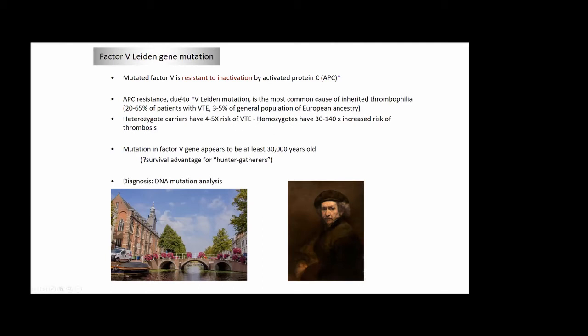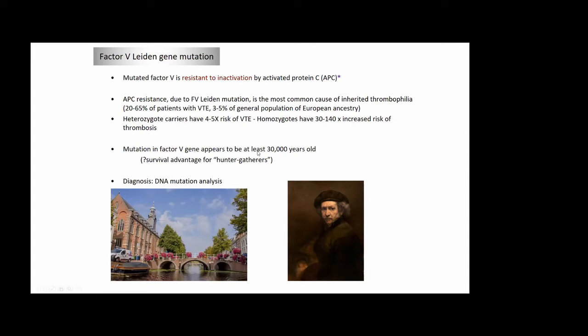Homozygosity for factor V Leiden, or for that matter, double heterozygosity for factor V Leiden and the prothrombin gene, results in a greatly increased risk of thrombosis. So in general, factor V Leiden and the prothrombin gene, which I'll show you in a second, are considered to be mild thrombophilias.